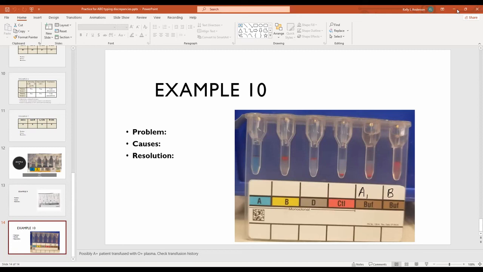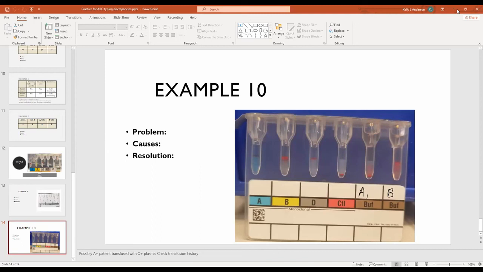When you spin it down, instead of shaking it back up to read it, pull off the plasma, leave the red cells there, and add saline. If it's a true antibody that's bound to the cells, when you pull off the plasma, the antibody is still going to be on the cells. When you pull off the plasma and add the saline and you see no reaction, you're proving that there are no antibodies bound to those cells.